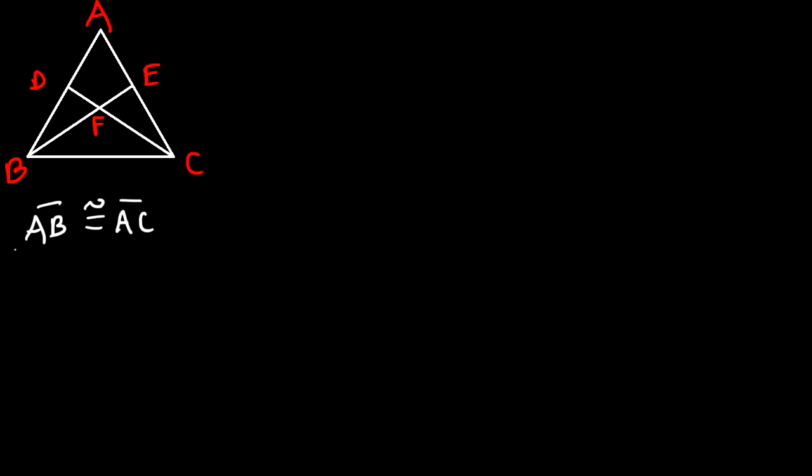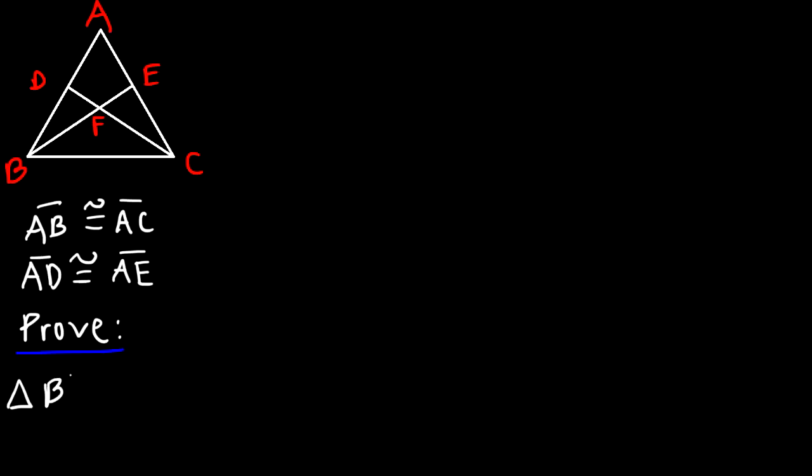And you're also given that AD is congruent to AE. And you need to prove that triangle BFC is isosceles. So go ahead and work on this detour proof.